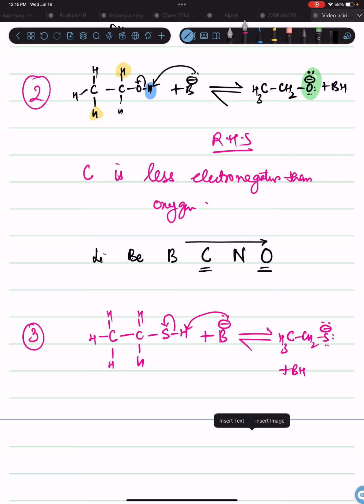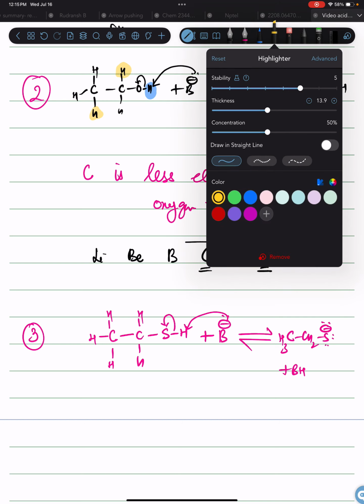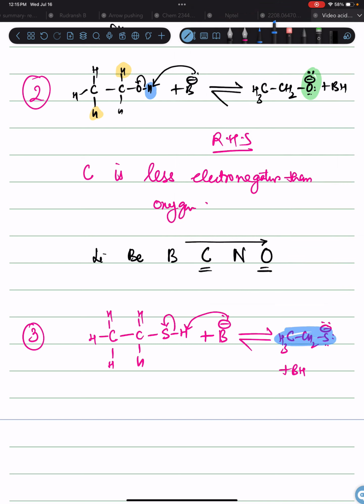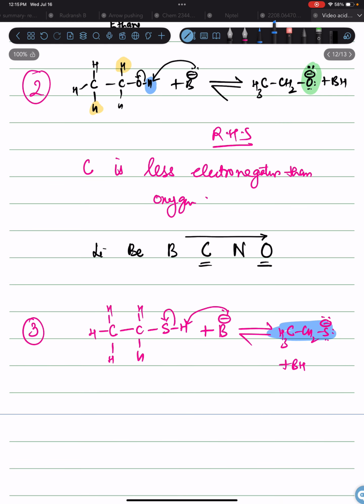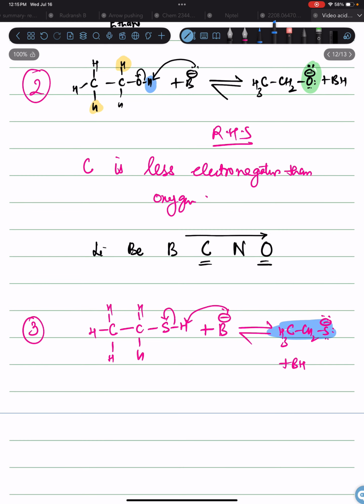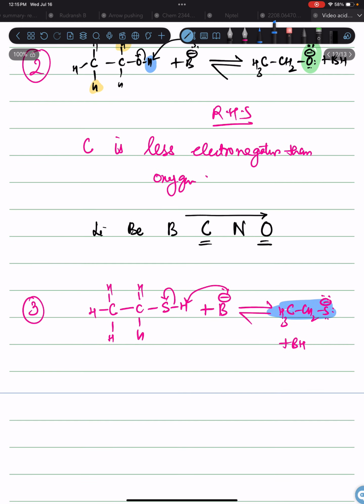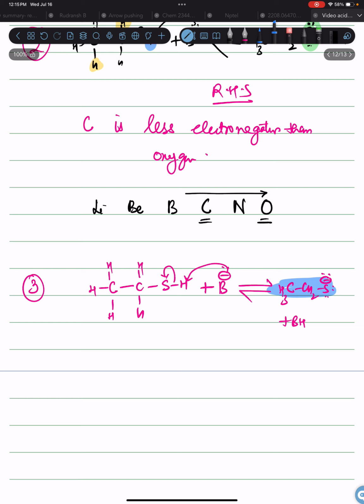So in that case we need to compare the species which I'm highlighting in blue with the one which is in green. In the green, negative charge is on oxygen. In the blue one, negative charge is on sulfur. And they are present in different periods.